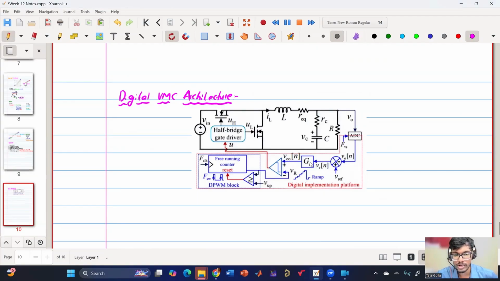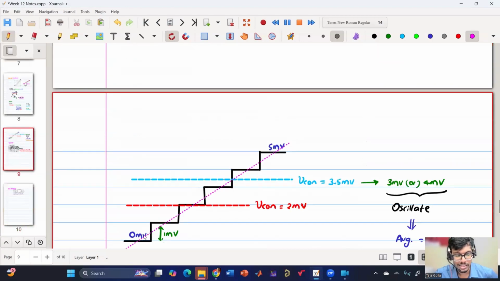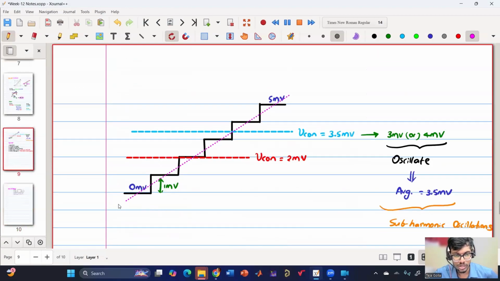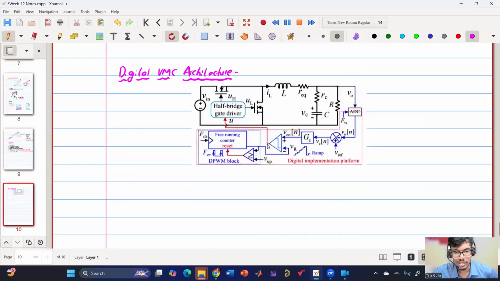Now it is a digital controller generating a digital control voltage, compared with the digital sawtooth, which we have just seen here. This is the digital sawtooth, whereas analog is a straight line, digital is a staircase, compared with the digital control voltage to generate the set reset pulses. And then this is like a free running counter to generate the count, and then it is being compared.